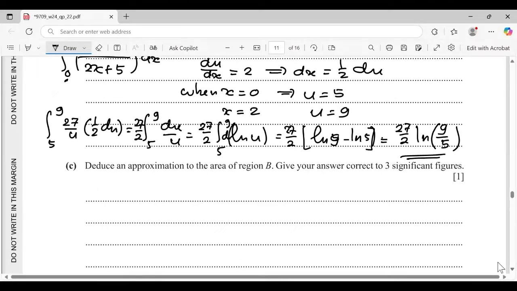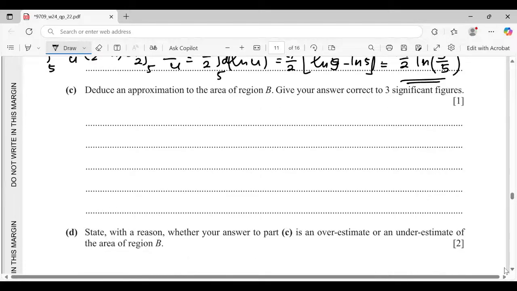Next question. Deduce an approximation to the area of region B. Give your answer correct to 3 significant figures. Okay, based on this solution, this answer on part B, 27 half ln of 9 over 5.